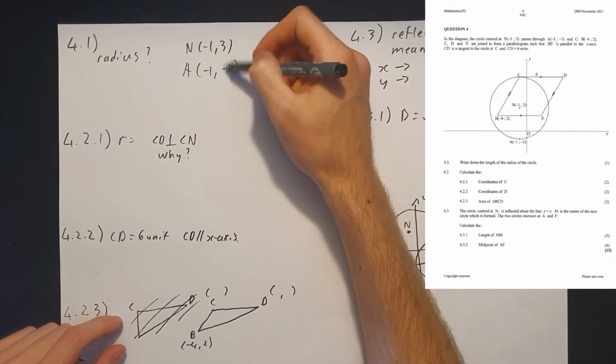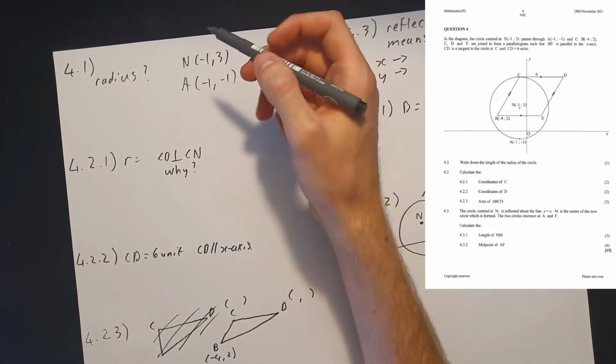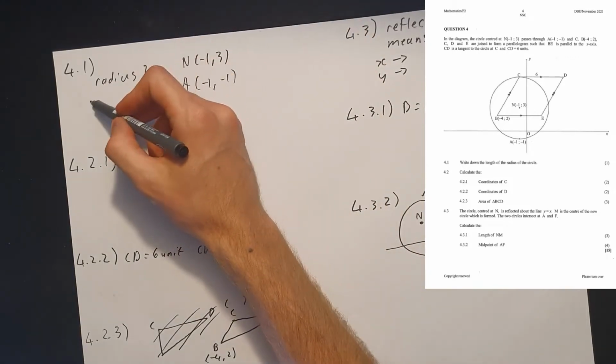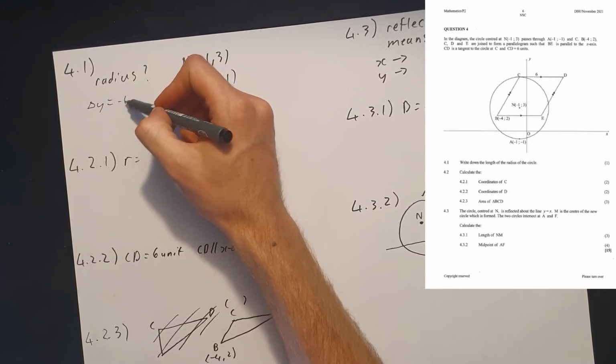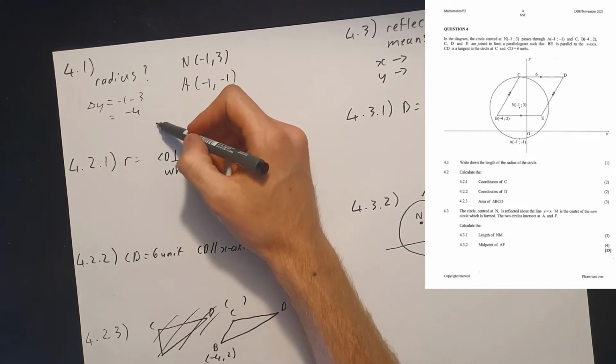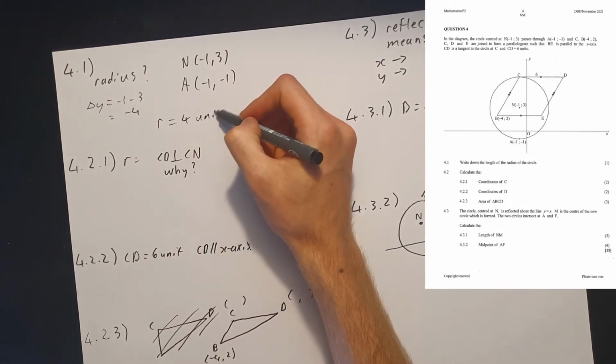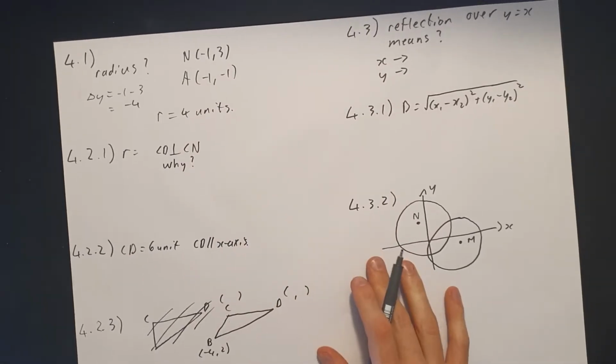If we take the change in y, we'll get the radius since N is the center of the circle. So the change in y is -1 minus 3, which equals -4. The radius is always a positive value, so it equals 4 units.